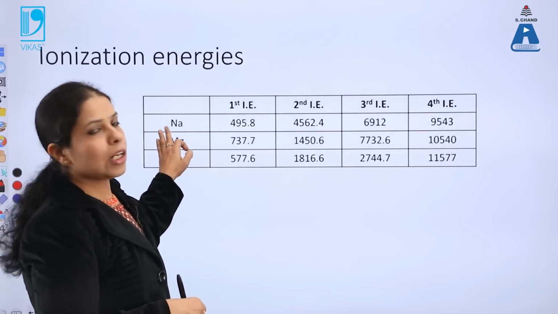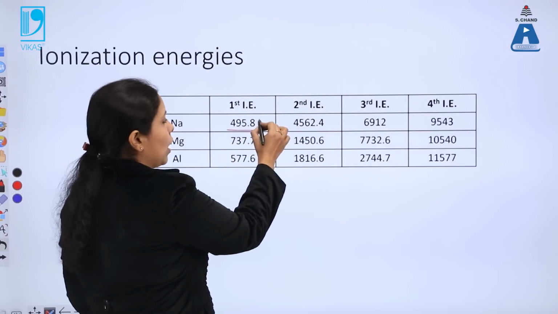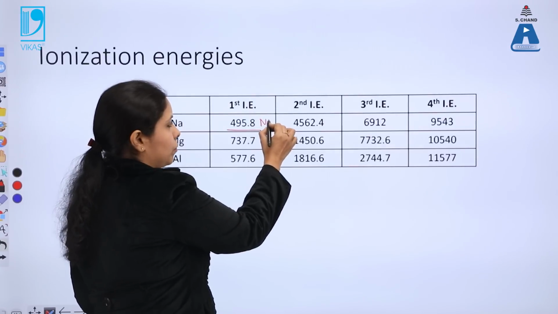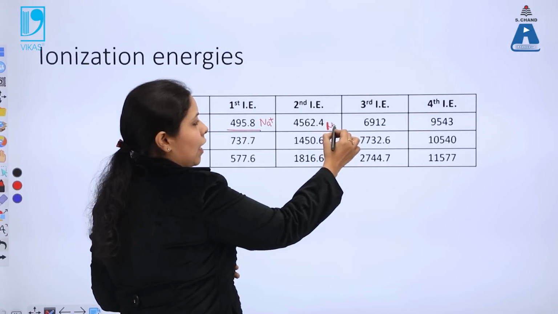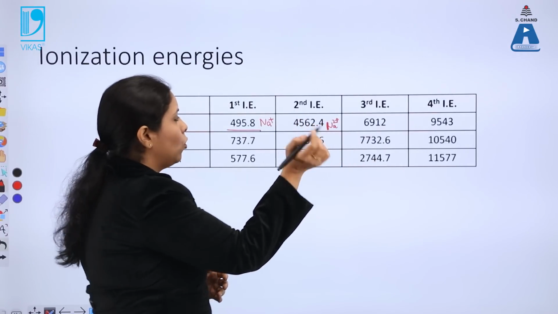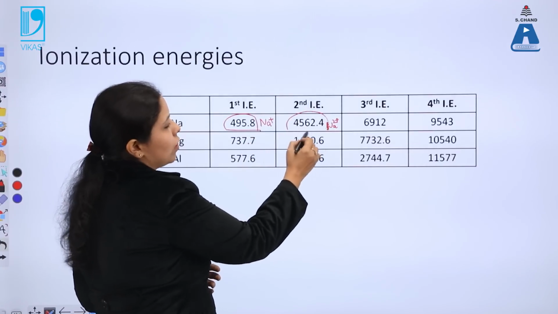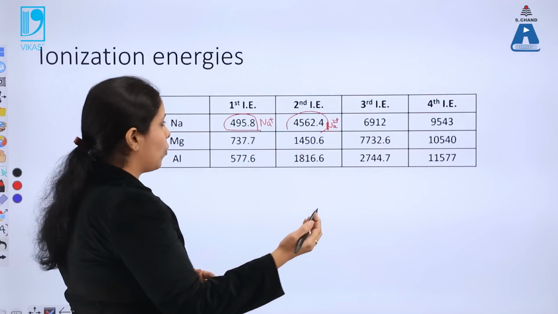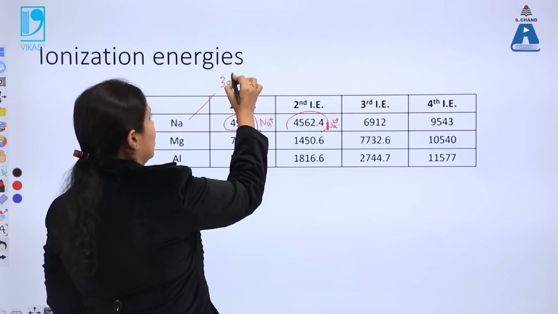For example, this is the case of sodium, magnesium, aluminium. First ionization energy is when we form Na+, and second ionization energy is when we form Na2+. Please have a look over here. This is 495 and this is almost 10 times greater, the energy we have to provide. The reason: sodium has a 3s1 configuration.